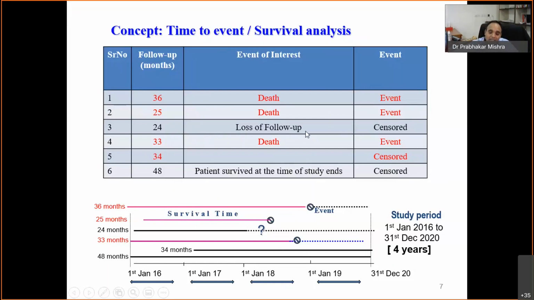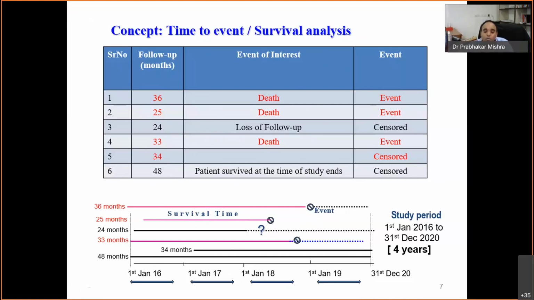So see, for all these six patients, we need to record their actual follow-up and event of interest, whether event or censored. Very important point: in our study, we are not interested in when the patient entered the study or when the patient left the study.